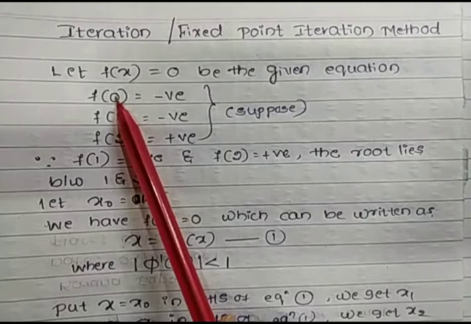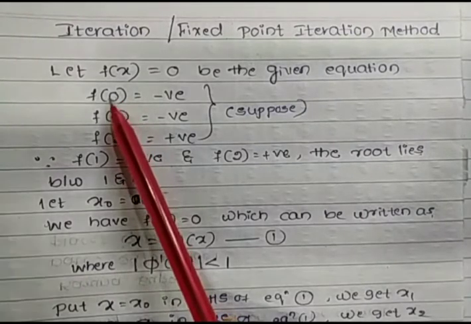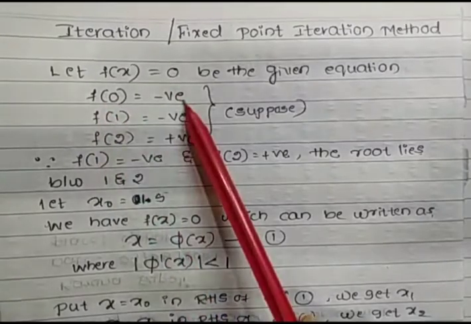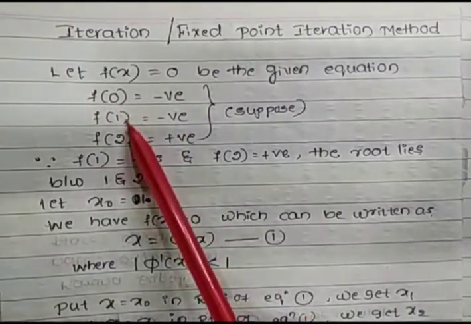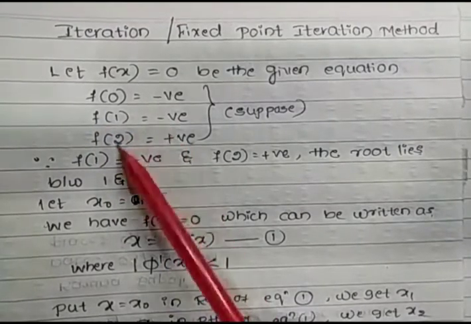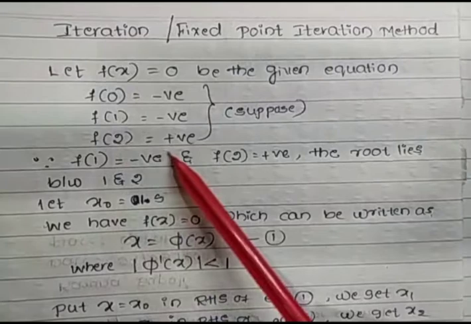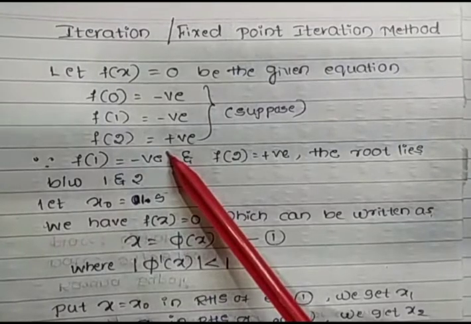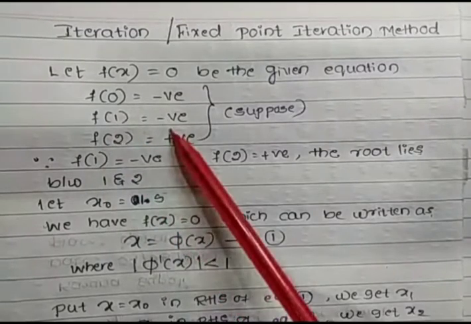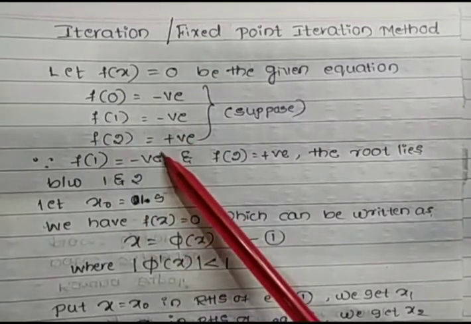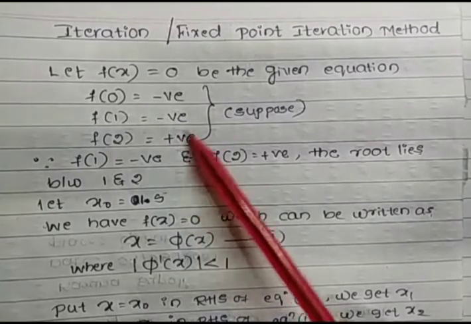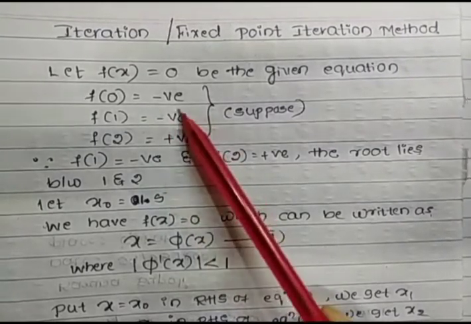Suppose I consider one particular example, and in that I get f of 0 as negative, then substitute x as 1, then f of 1 is also negative, then go for 2, and f of 2 gives us positive. So here one positive value is there, one negative value is there.